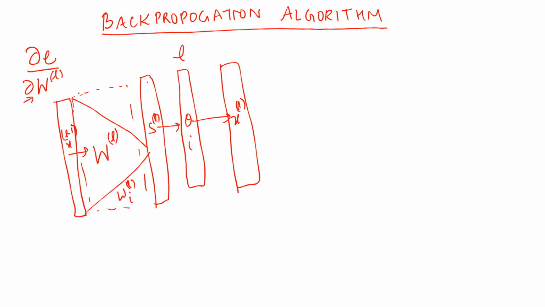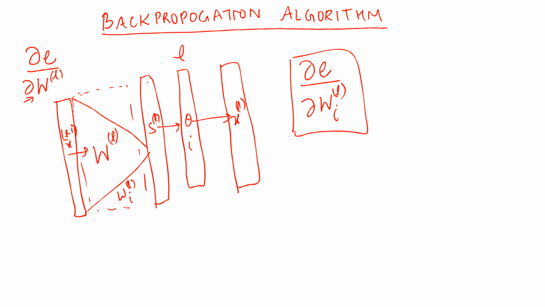We'll begin by getting the derivative of the error with respect to W_i^L, and then we'll expand that. What exactly is this term doing, if you think about it? It is impacting the signal going into node i, right?